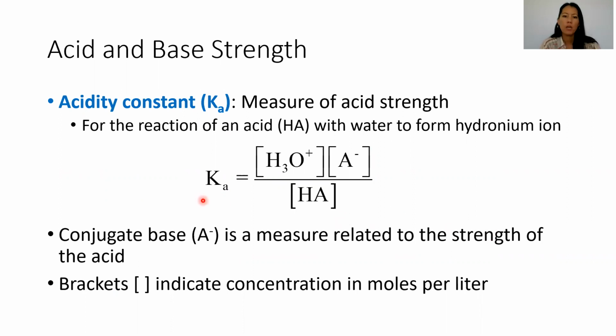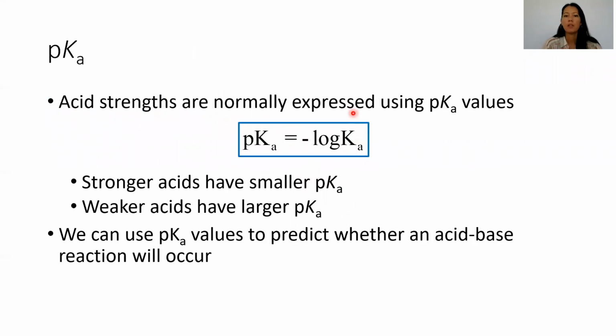And so the Ka in a classic reaction of a generic acid, HA, is hydronium times the conjugate base over the concentration of the acid itself. So we're going to be looking more at pKa in organic chemistry, which is just the minus log of that. Shown here, stronger acids will have a smaller pKa. Weaker acids will have a larger pKa.